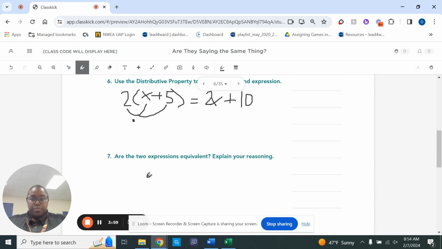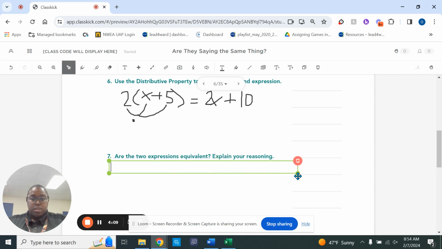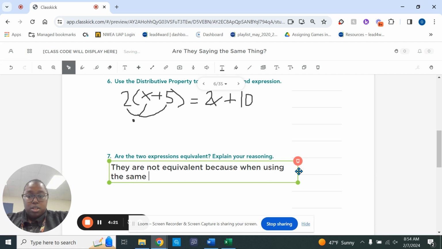This is why they're not equivalent. Are the two expressions equivalent? Explain your reasoning. They are not equivalent because when using the same value for x, the answers were different.